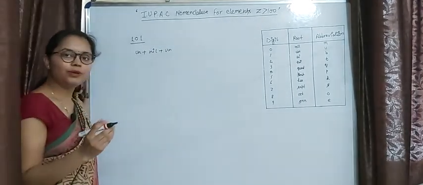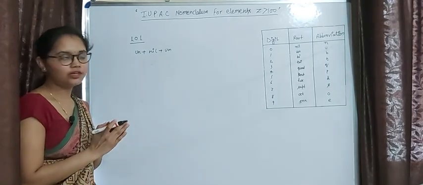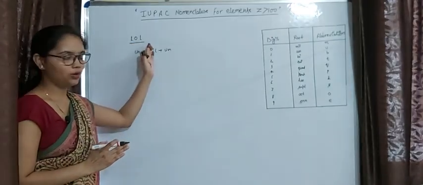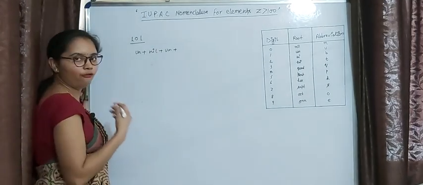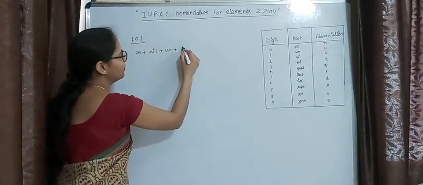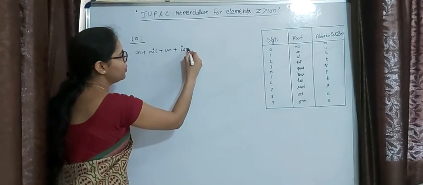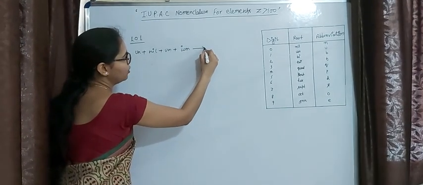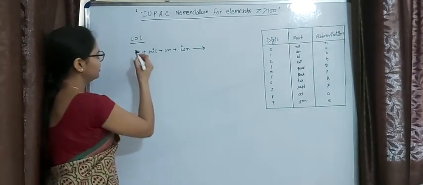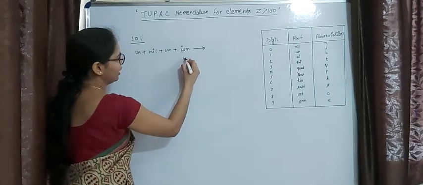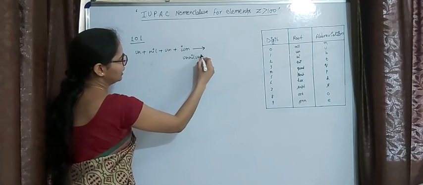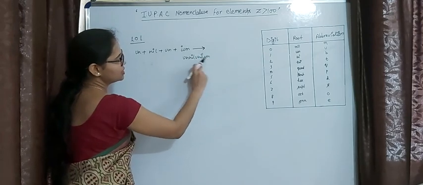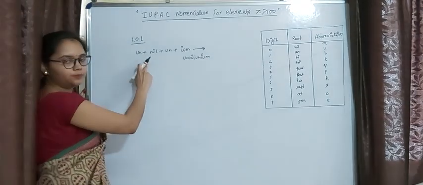We simply add all the root words for the given digits, and in the end, according to the IUPAC rule, we have to add ium. Now here we have the name of this element: un, nil, un, ium. So this is the IUPAC name for 101.